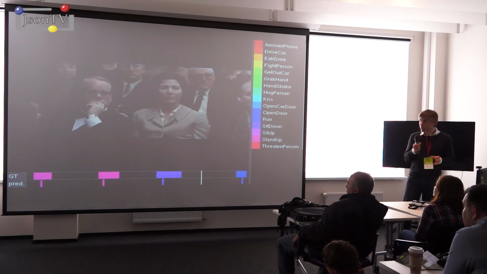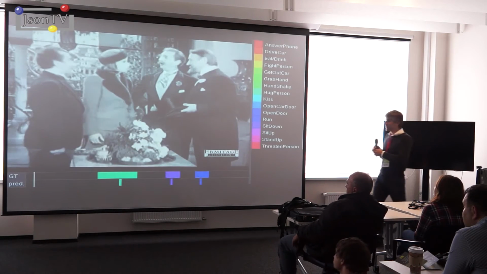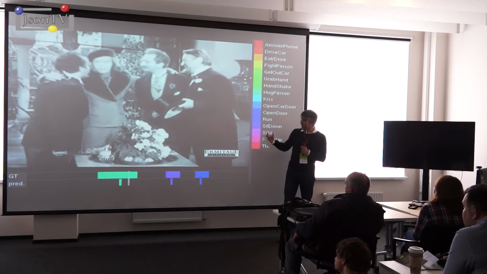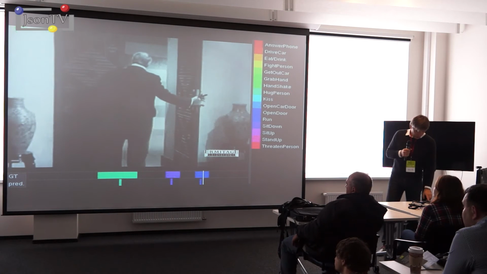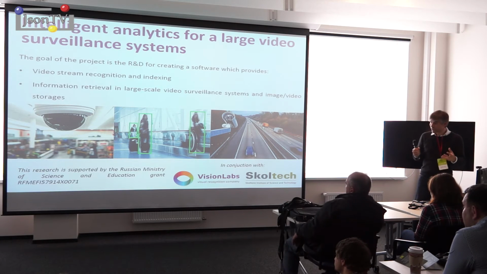It also localizes. Before I talked about localization in images. Here, what you see at the bottom is that the system localizes when the action happens in time. This has been partly done in collaboration with Skolkovo.